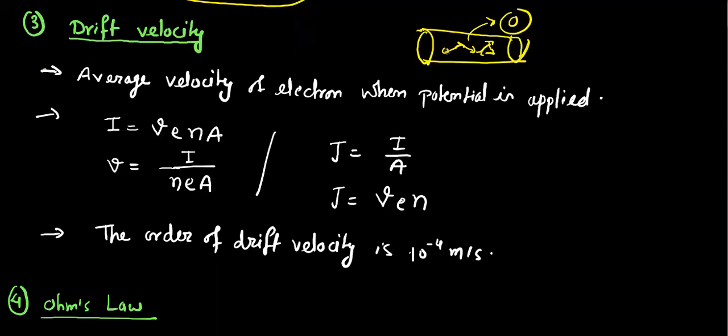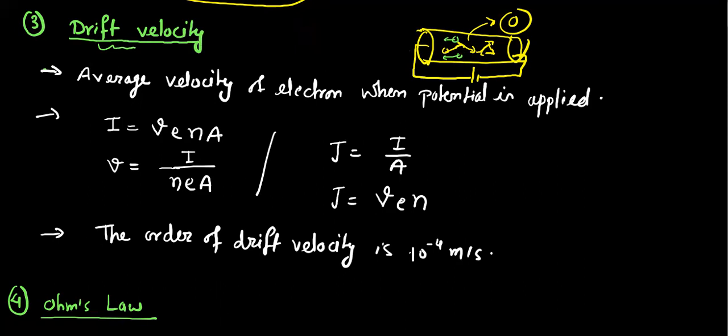But if we apply a certain potential or external field, then these electrons will align in a particular direction, and their average velocity is known as the drift velocity.